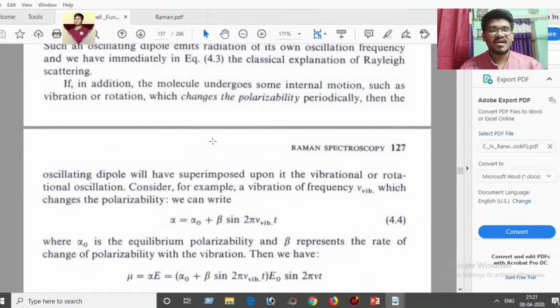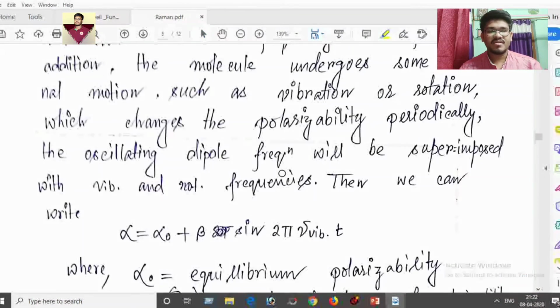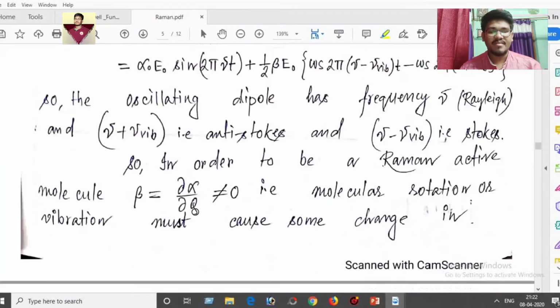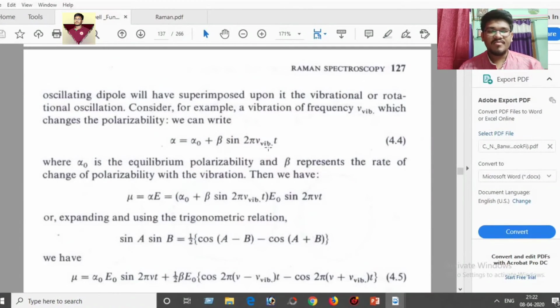So apart from the frequency of oscillation set by the electric field, it will also induce a new vibrational frequency, which changes the polarizability like in this equation. Now what is beta? Beta represents the change in polarizability, the rate of change of polarizability, which I have defined here as d alpha by del q.